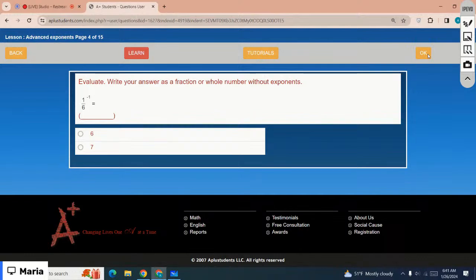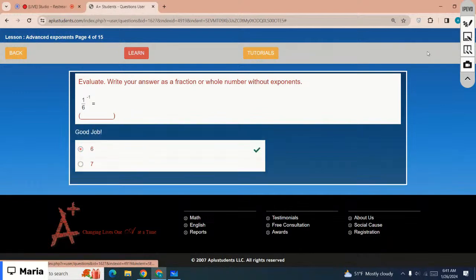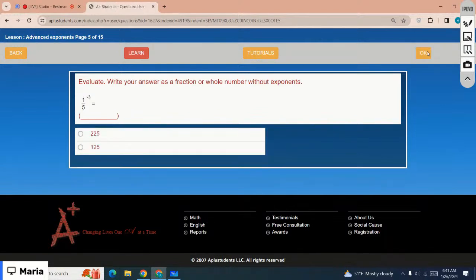Yes, the correct option is 6. The next one is 1 over 5 exponent negative 3.